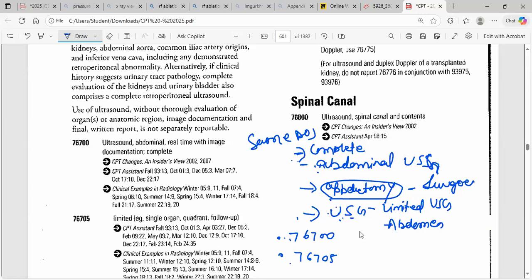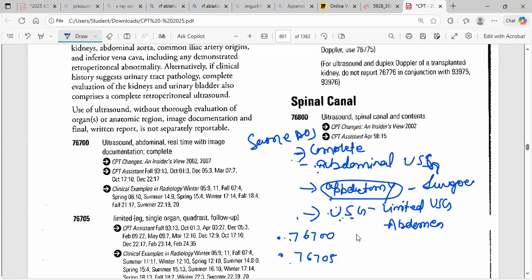So Corey, do we have to use any specific modifier in conjunction with these procedures to represent that both are performed at separate times, instead of just billing it without? Yes, what will be the modifier for that? That I don't remember.